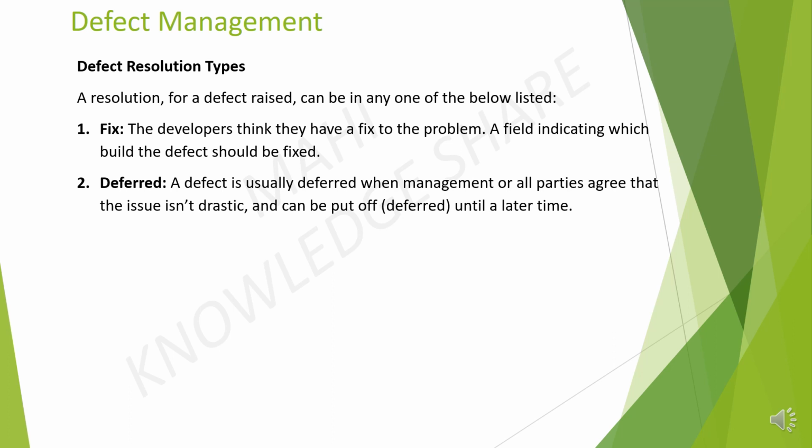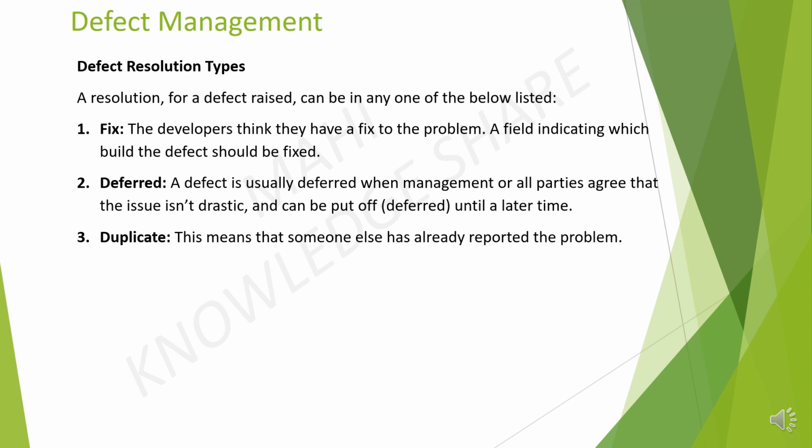Deferred. A defect is usually deferred when management or all parties agree that the issue is not drastic and can be put off until a later time. 3. Duplicate. This means that someone else has already reported the problem.